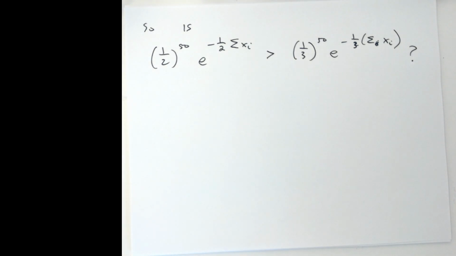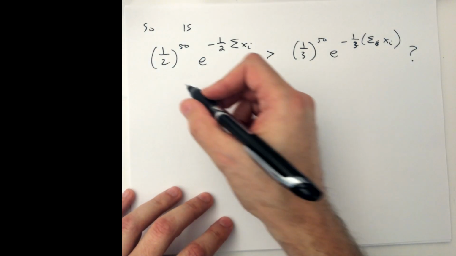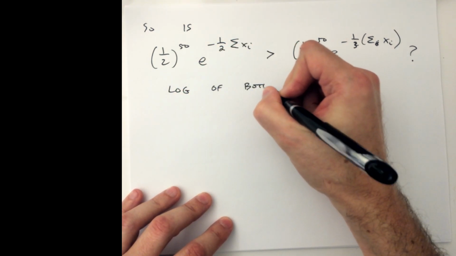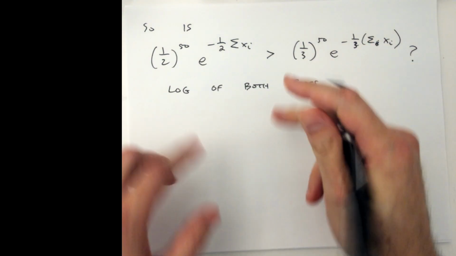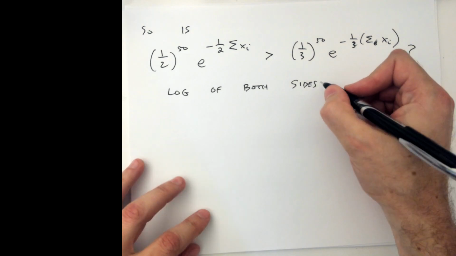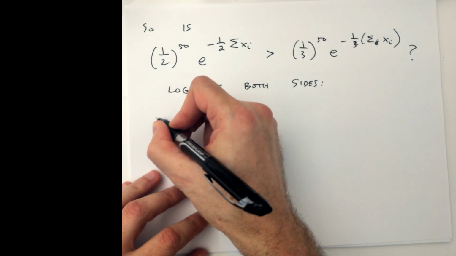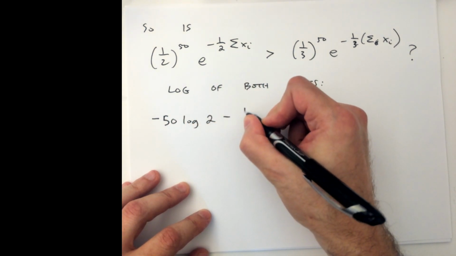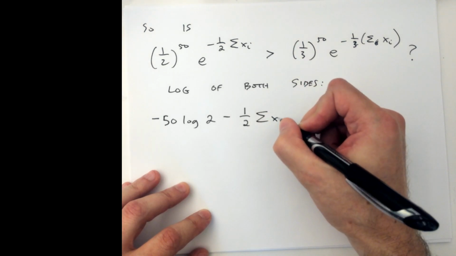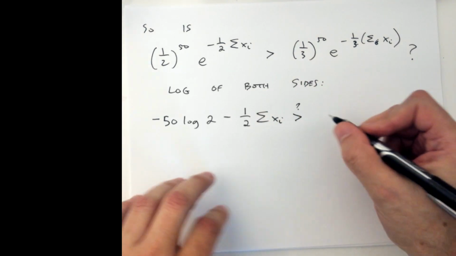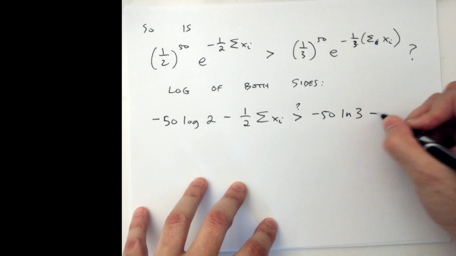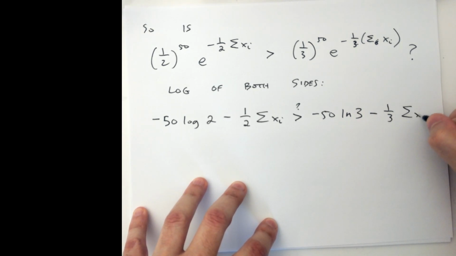The easiest thing is to take the log of both sides, right? Because all these numbers are really small, so this number is super small, this number is super small. I could also say I want to have minus 50 log 2 minus 1/2 times the sum of the x's greater than minus 50 times log 3 minus 1/3 times the sum of the x's?